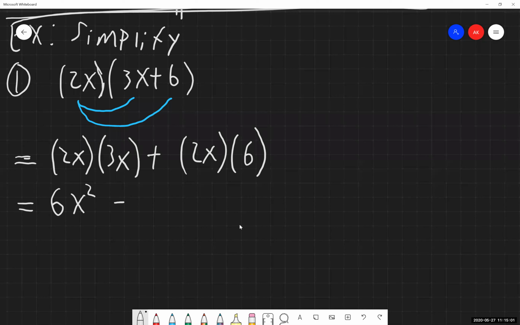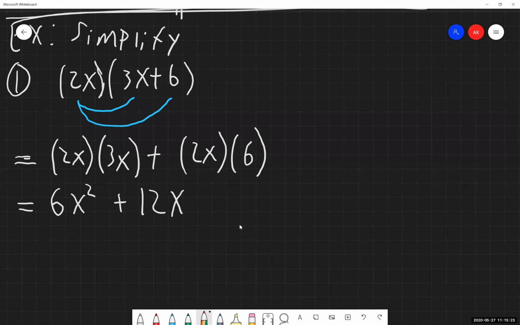In my second term, I have 2x times 6. 2 times 6 is going to give me 12. There's no other x that is sitting over here at all. So the x that was originally there on the second term is just going to come down as it is. Nothing's changing about it. And that's actually a fairly common occurrence as we're going through and distributing these things.